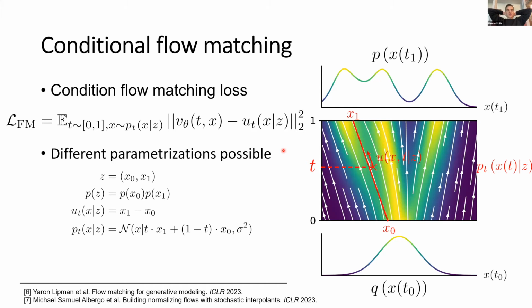Sorry, can I ask a question? Because this is something that I'm a bit confused about for flow matching. They are saying that they're using the conditional probability path u_t conditional. But why is it a conditional probability if initially the two distributions are uncoupled?